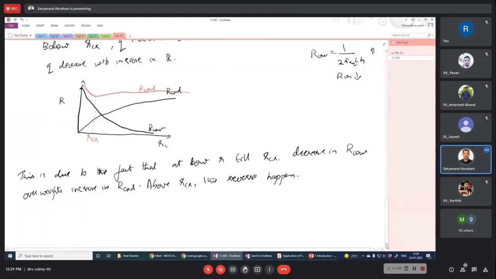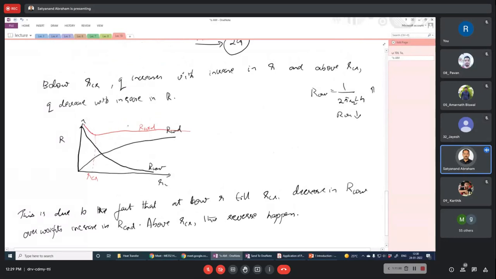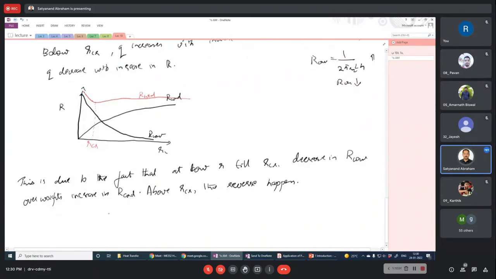So that point where the maximum heat transfer happens is known as the critical radius. Therefore we must make sure that our insulation radius is always higher than the R critical. Also there is the critical thickness: TCR is equal to RCR minus R1.